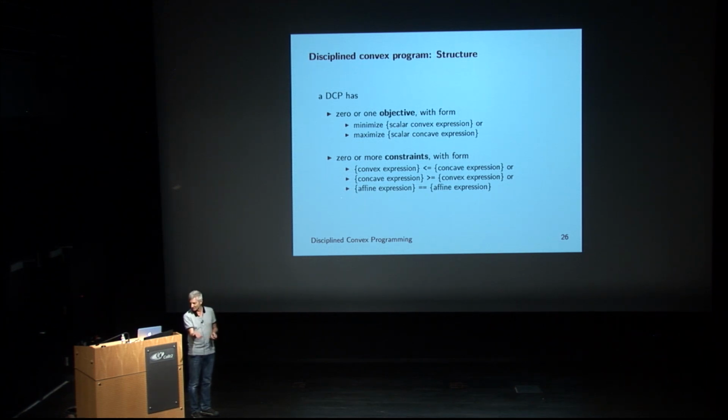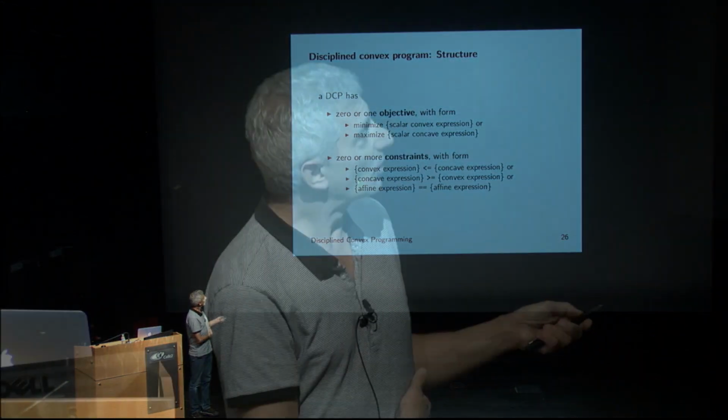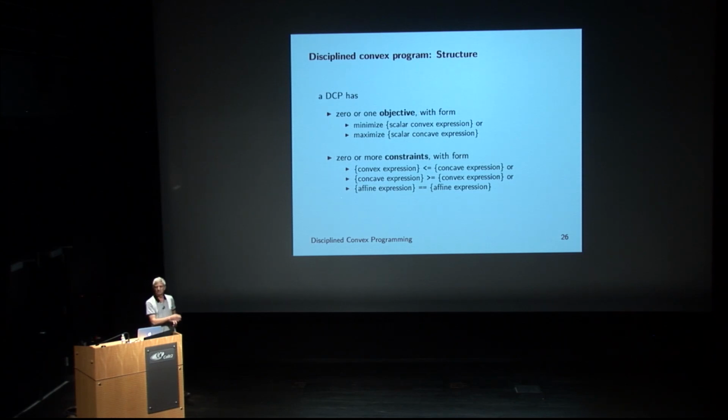Minus concave is convex, and so convex minus concave is convex, and so, okay. But this is maybe easier to do. Or you can have affine expression equals affine, okay? And again, if you're trained in computer science, the actual source code that would do this kind of stuff would look just like that. I mean, it would be almost no more lines, okay?